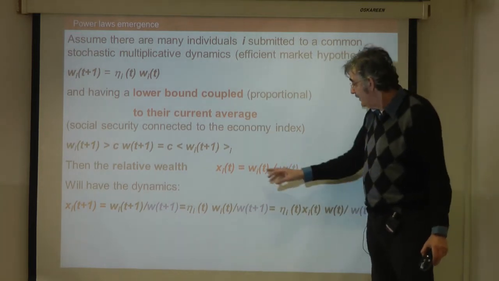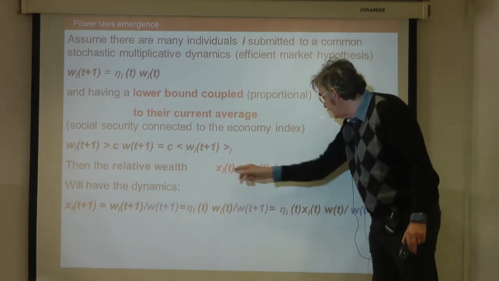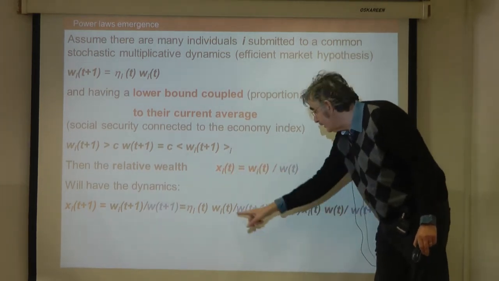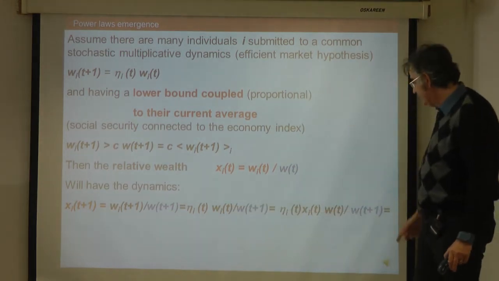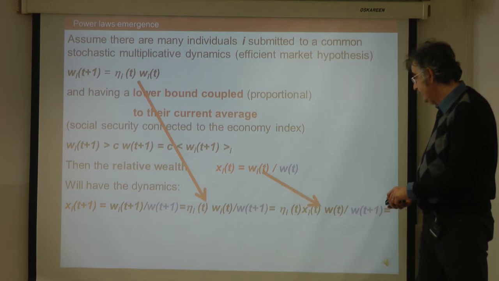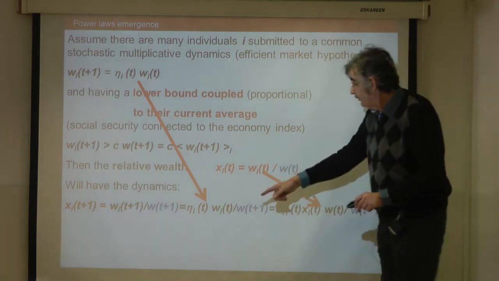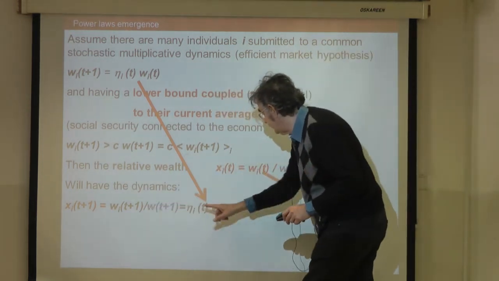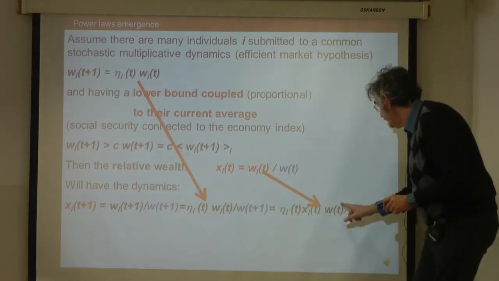So I'm writing xi w. So in the end, this explains exactly what I said, how I got from here to here, and how I got from here to here.